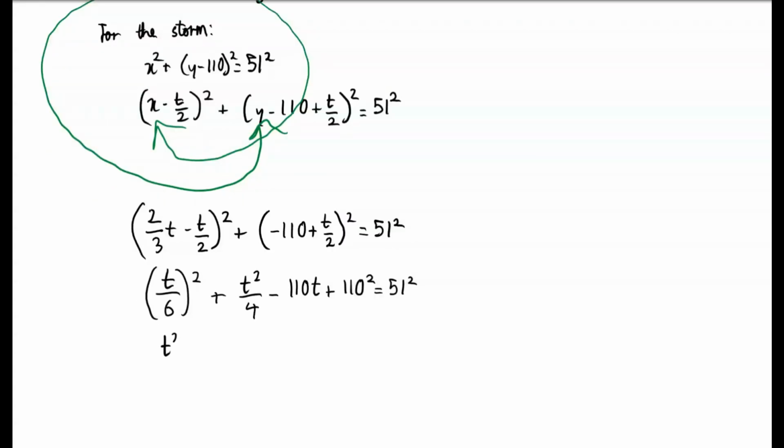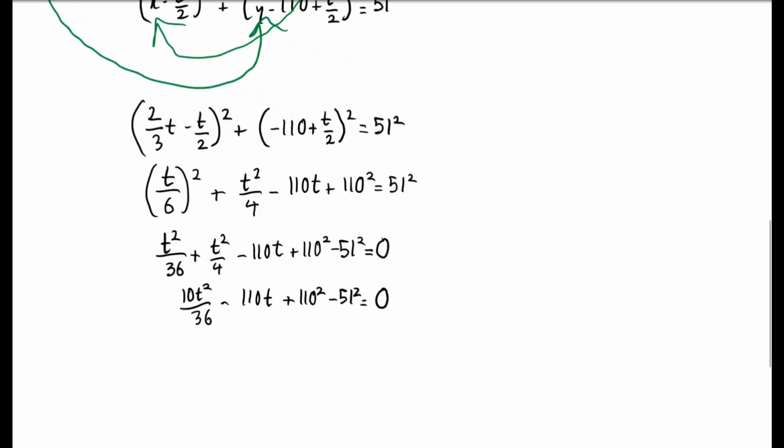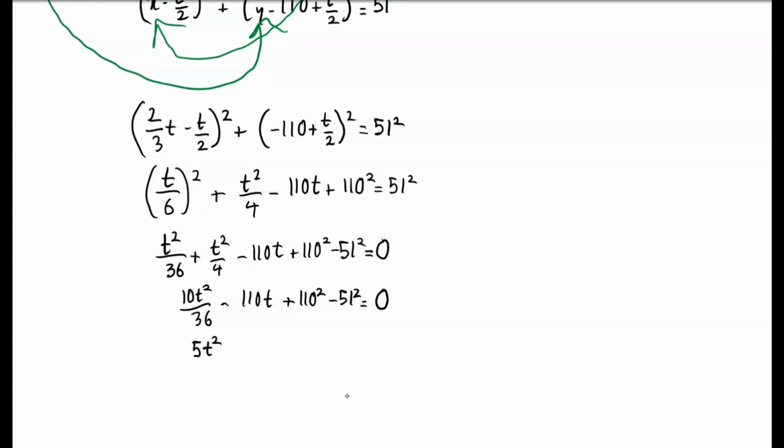And then expanding this bracket will give us t squared over 36 plus t squared over 4 minus 110t plus 110 squared minus 51 squared is equal to 0. Now simplifying this, we get 10t squared over 36 minus 110t plus 110 squared minus 51 squared is equal to 0, or 5t squared over 18 minus 110t plus 110 squared minus 51 squared is 0.